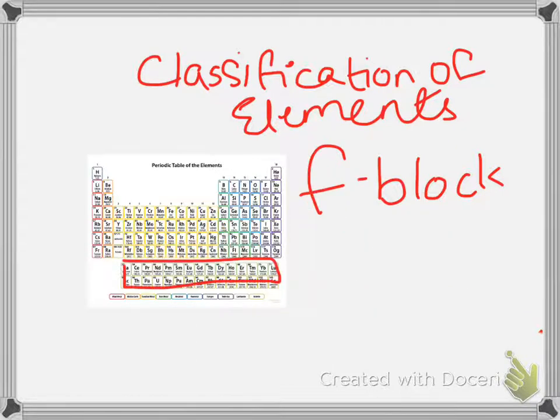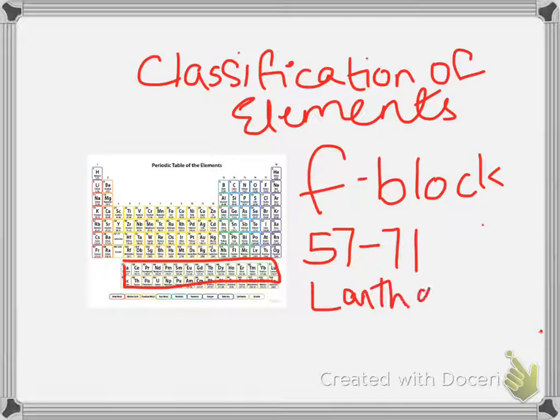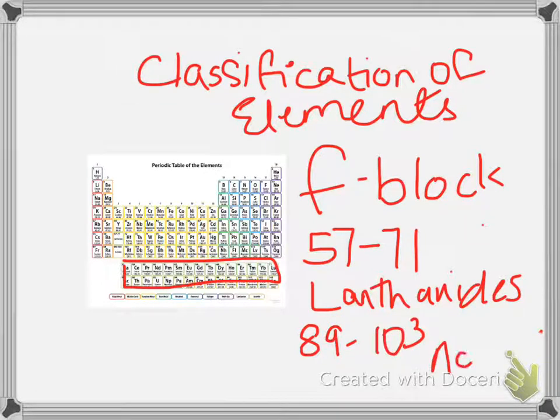Let's move on. Now you can see the marked region here. Why are they marked? Yes, your guess is right. They are known as F block elements. F block elements are elements from atomic number 57 to 71, which are known as lanthanides, and from 89 to 103, which are known as actinides.